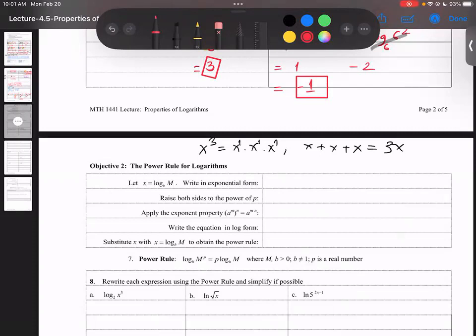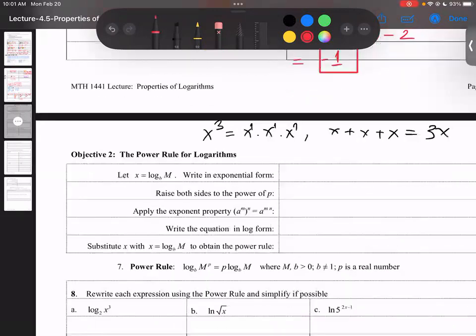Let's construct the power rule of log. Write in exponential form. What is my base here?